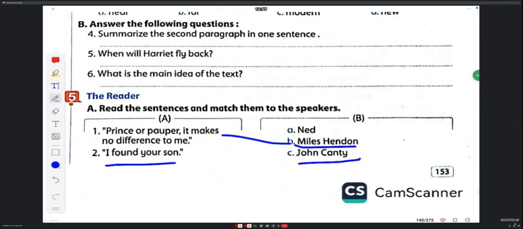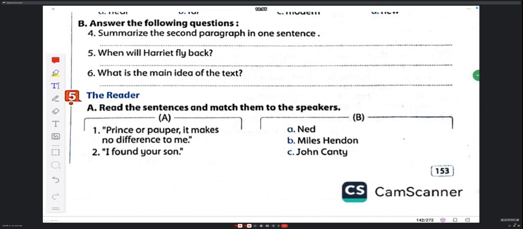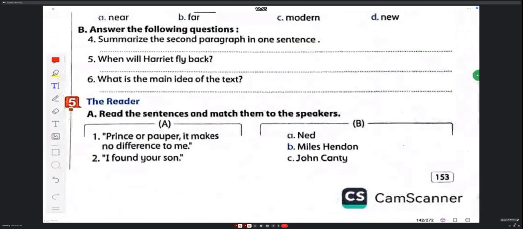What does this mean? John Canty said this to his wife when he found Edward and he thought that he was his son Tom. Who's Ned?